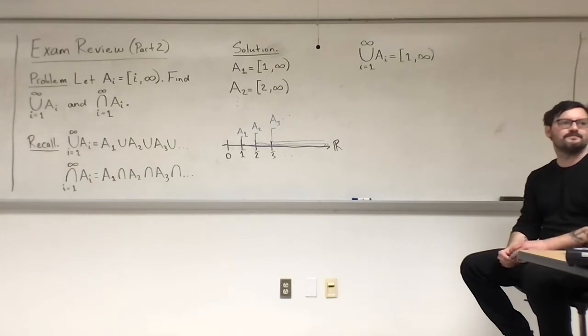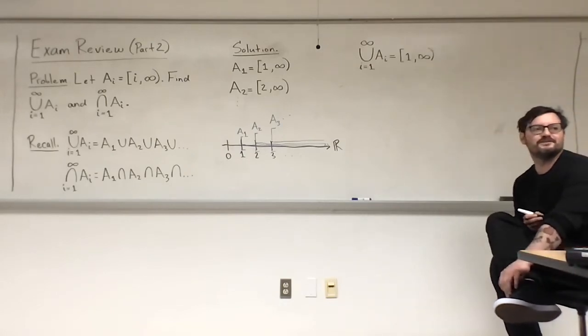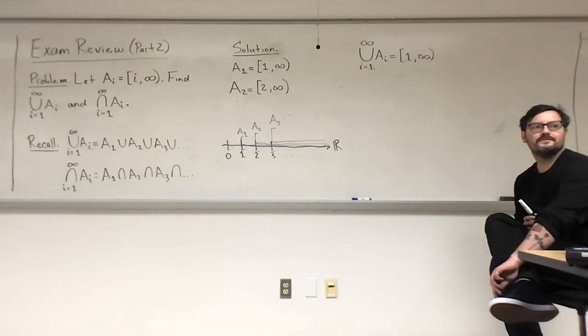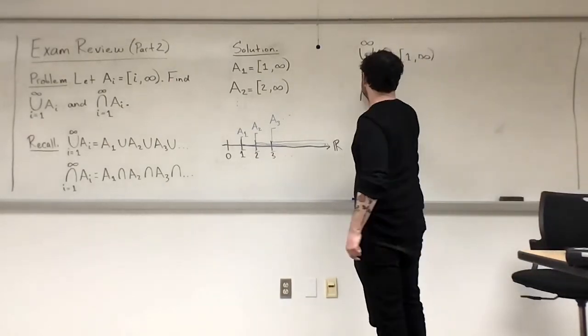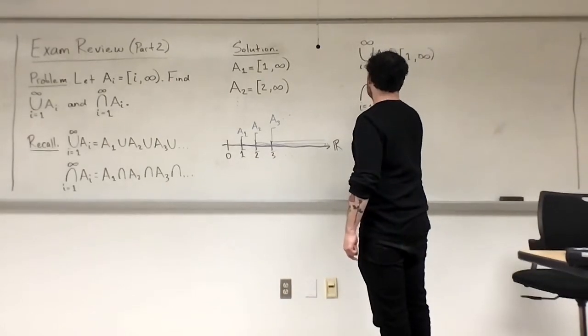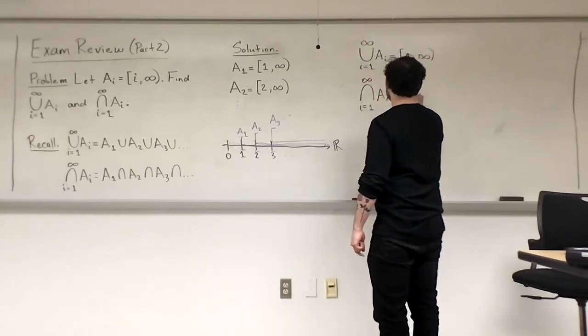But then that intersect A_{i+2} would be A_{i+2}. The intersection of all of them is the empty set.